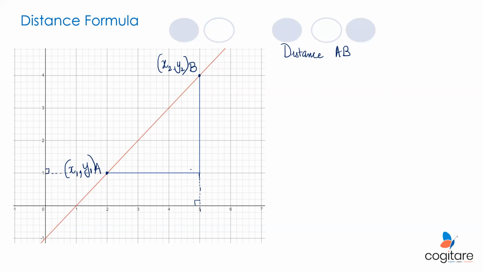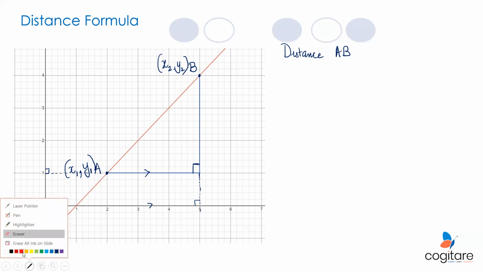And because x and y are in turn perpendicular to one another, you will observe that these two lines are also perpendicular to one another, okay? Or in other words, you could also say this line is parallel to the x-axis, and the other line is parallel to the y-axis. Let's call this point where these two lines meet the point C, okay?